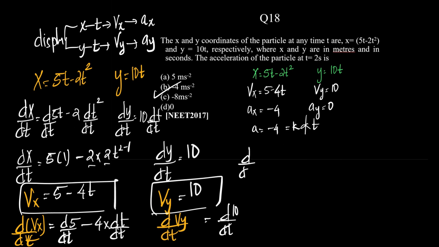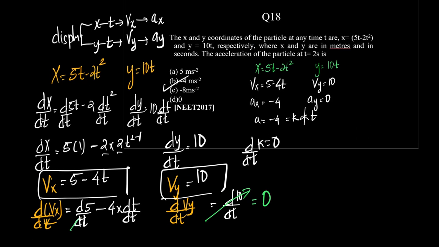See, what is d by dt of a constant? It is equal to 0. So this is equal to 0, and d by dt of 5 is also equal to 0. And what is d by dt of vx? It is ax. So ax is equal to minus 4 and ay is equal to 0.